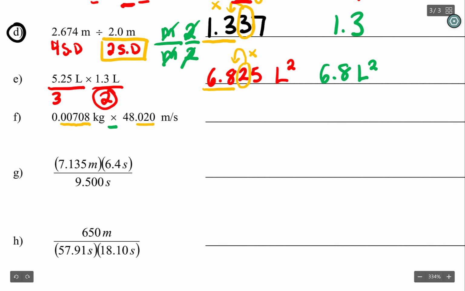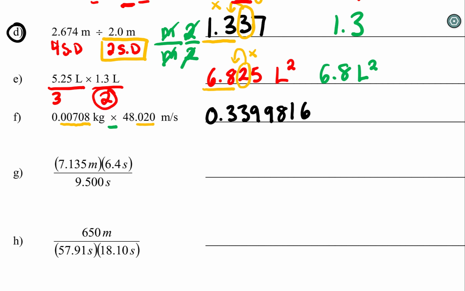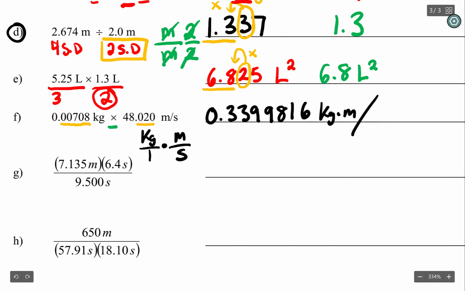When I type these numbers in and I multiply them, I get 0.3399816. Now, in terms of a unit, this is a kilogram, which is a kilogram over 1, times a meter over second. So this would be a kilogram times meter per second.